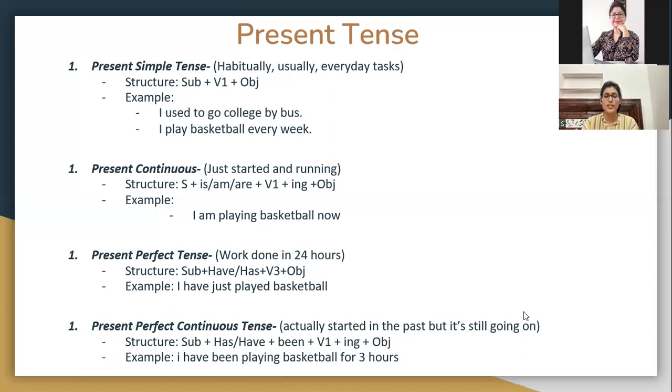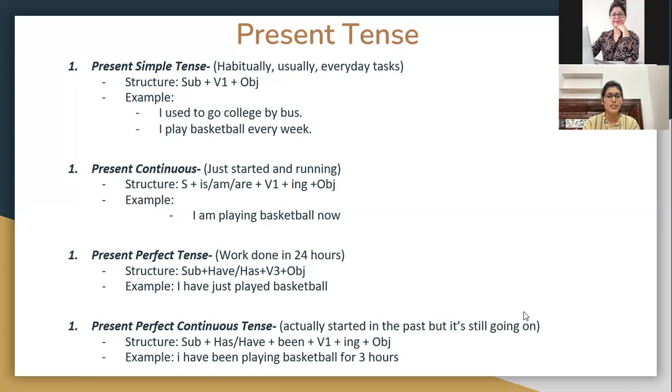When the subject is plural, we use the verb have. When the subject is singular, we use the verb has. And always the third form of main verb is used.